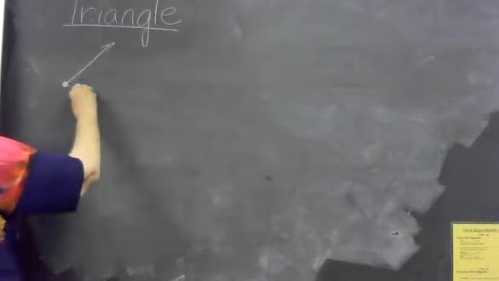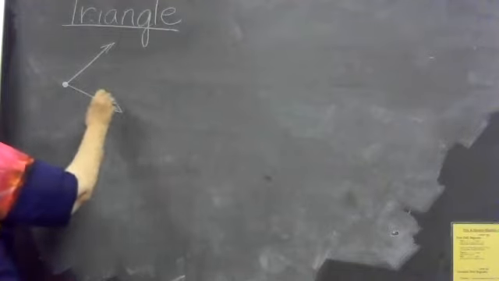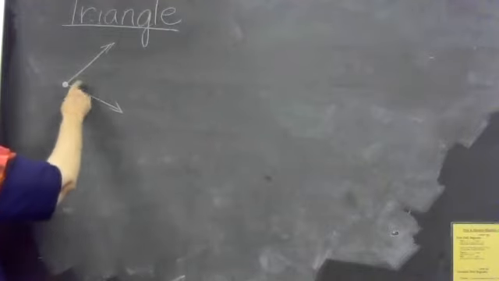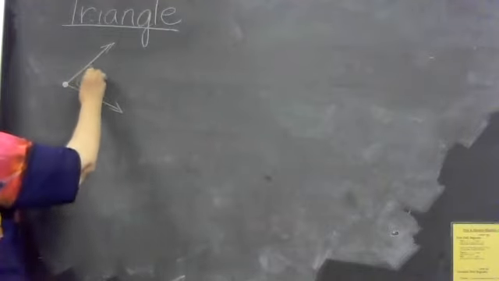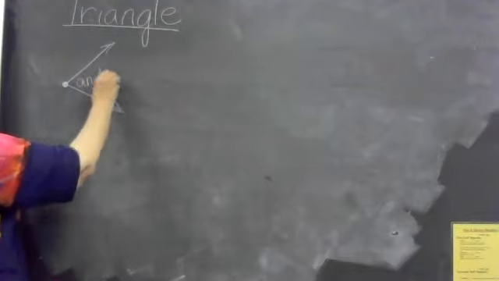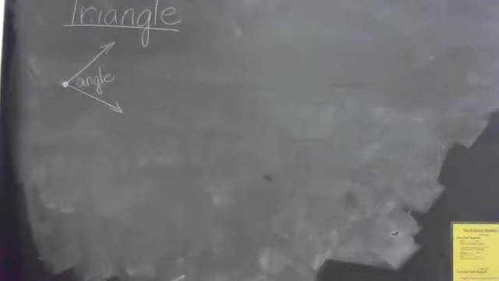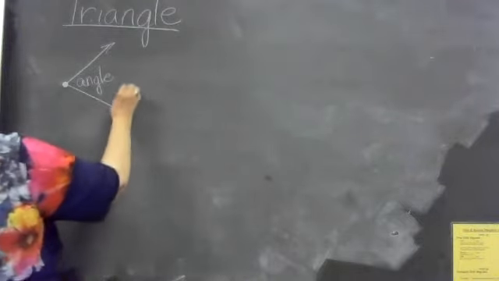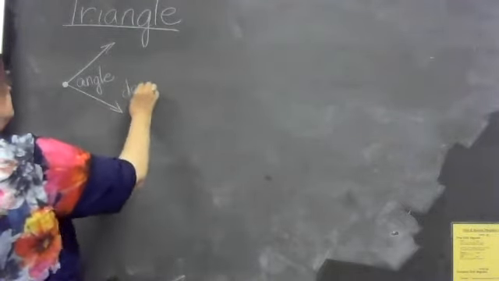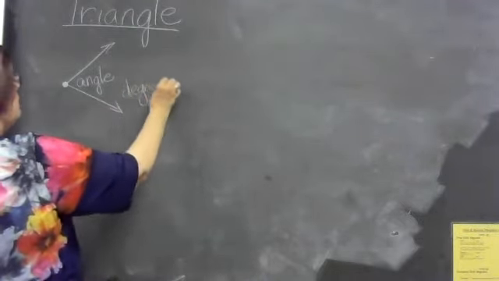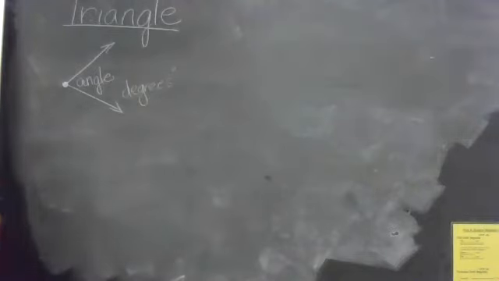And if you put another ray with it, with the same endpoint, then this is called an angle. And we said that angles are measured in degrees. When we write degrees, it's just like temperature. We use that little circle up there for degrees.